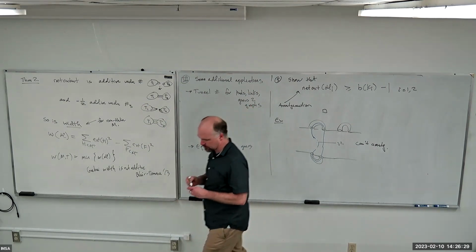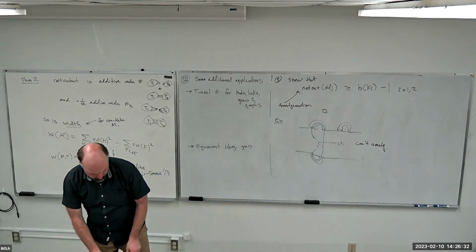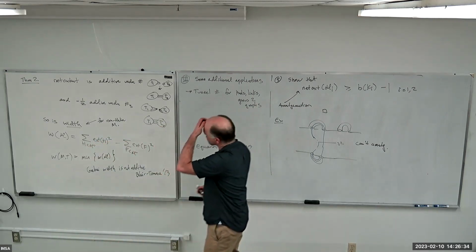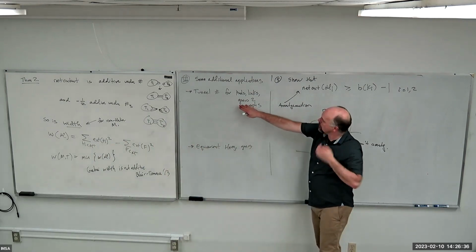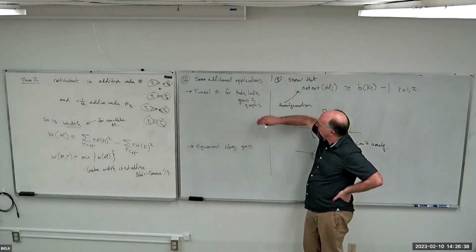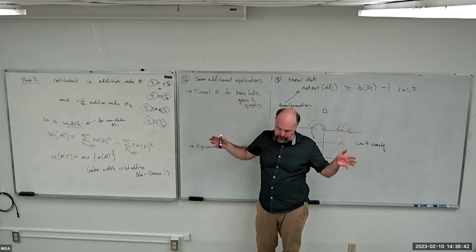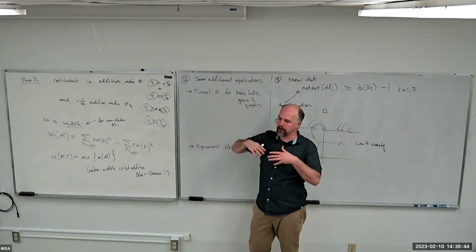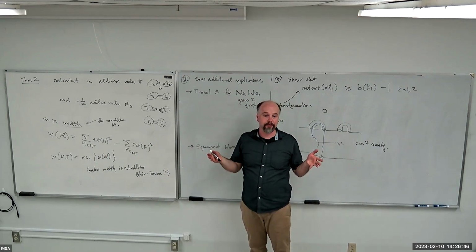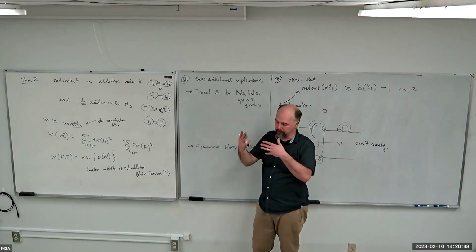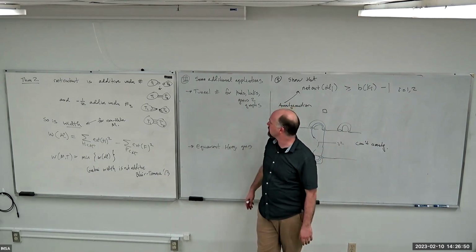So let me just quickly say something about this. Scharlemann and Schultens proved that if you add together n prime knots, the tunnel number of that composite is going to be at least n, even though it might not be the sum.